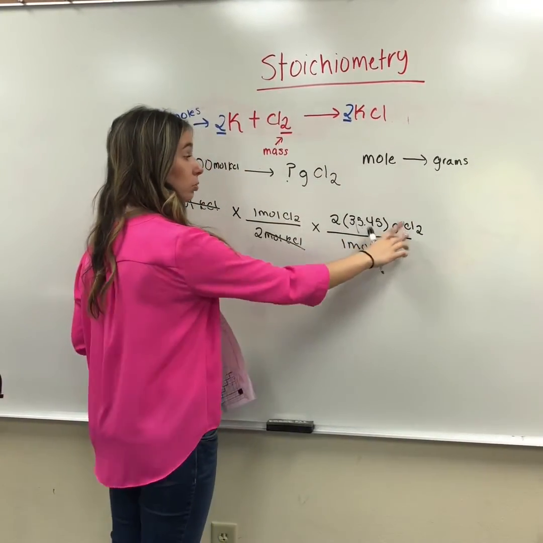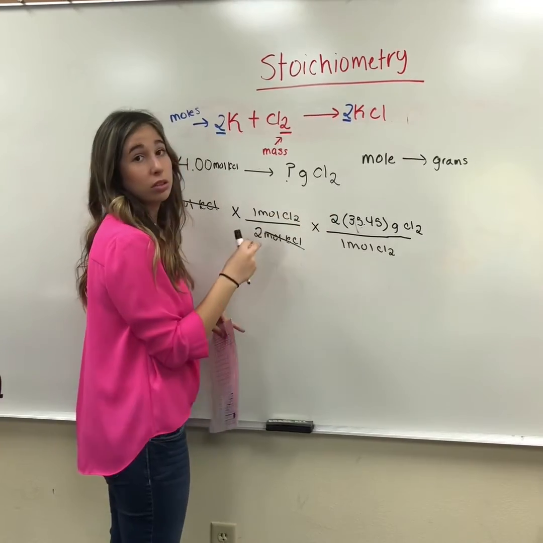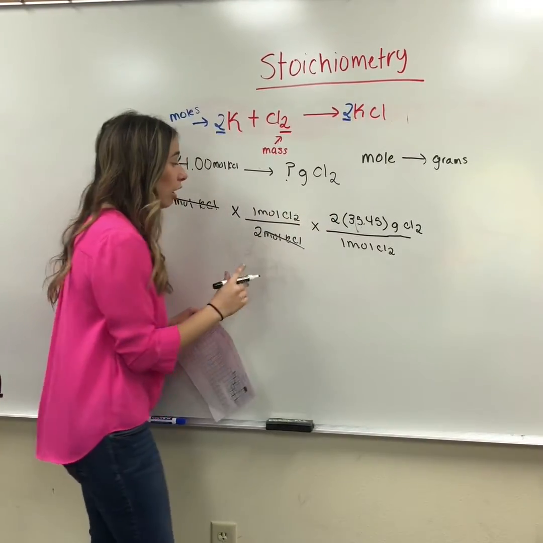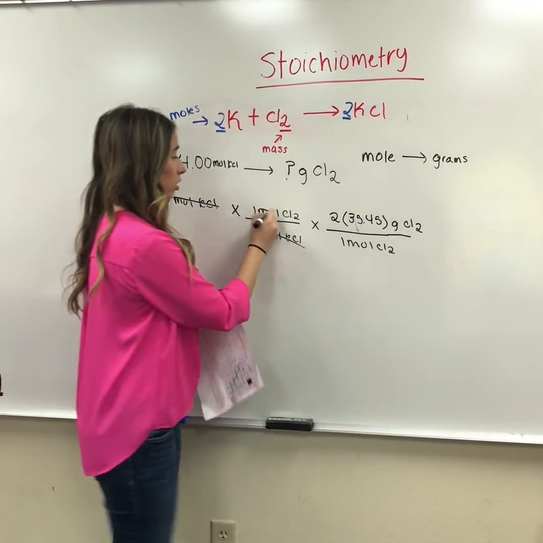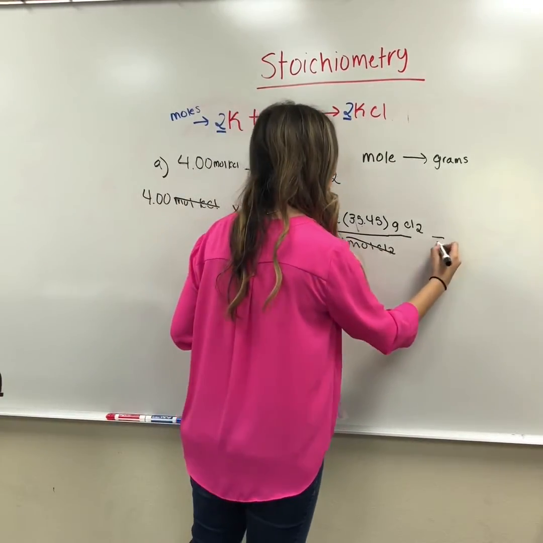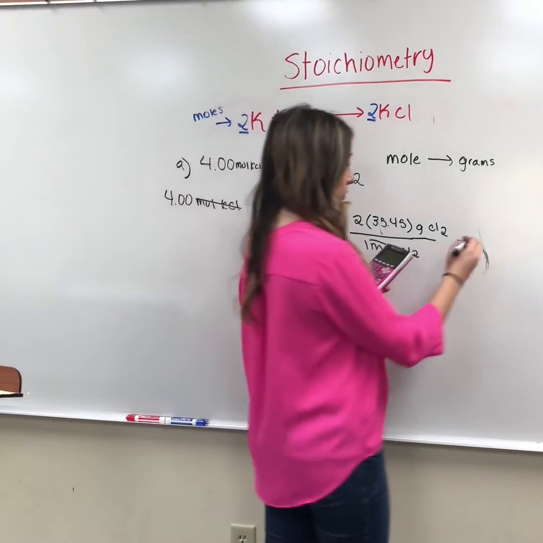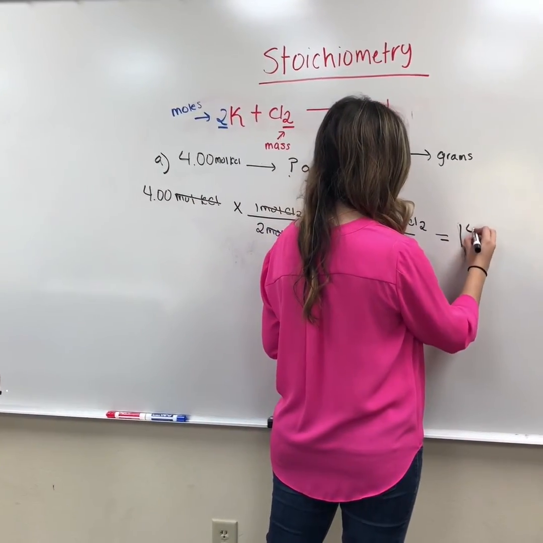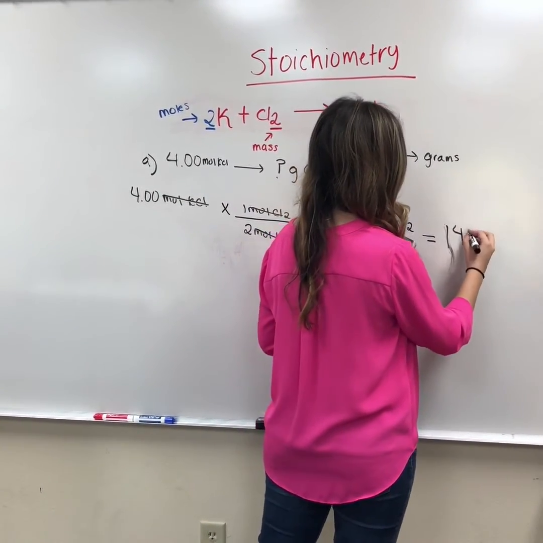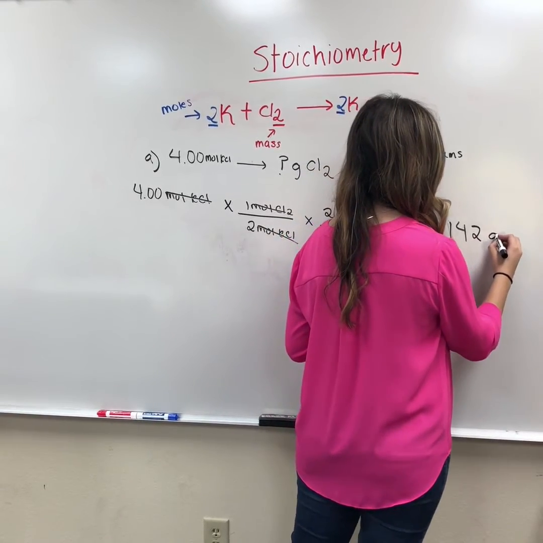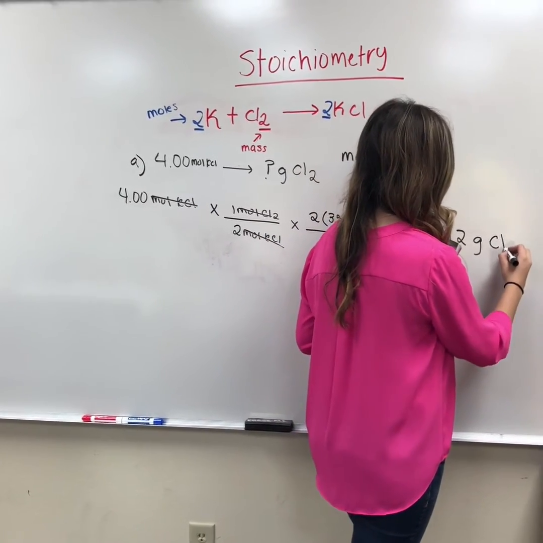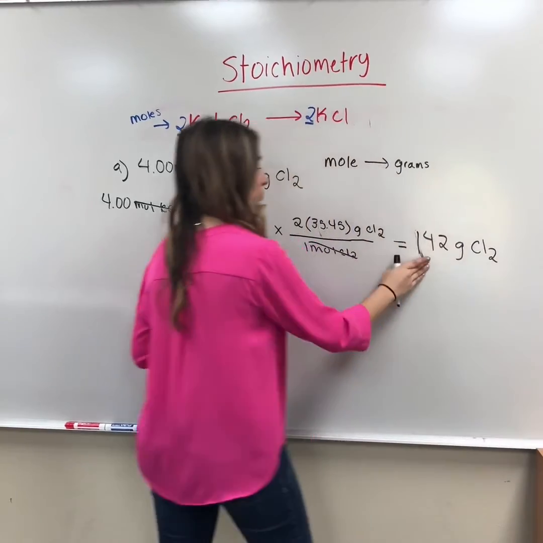So now we can stop because we got to grams and how much we needed. So now all I have to do is put it into my calculator, cancel out those. So we have 1, 4, and then I'm going to round up 2 grams of Cl2.